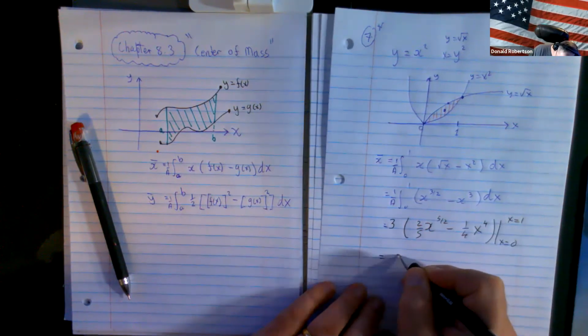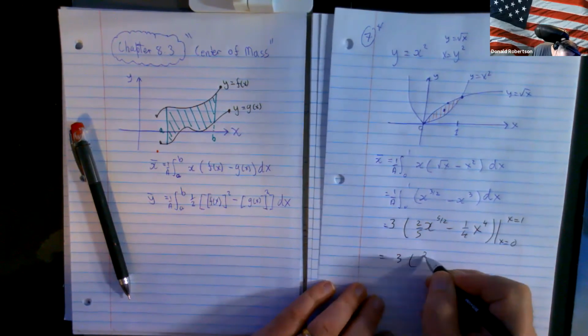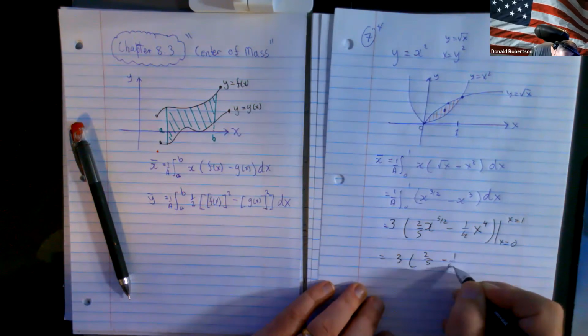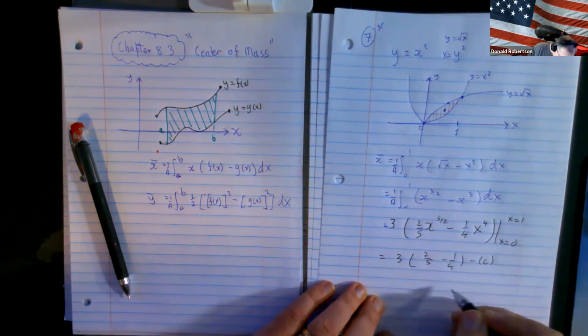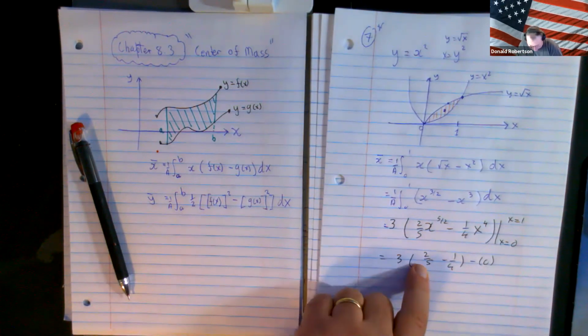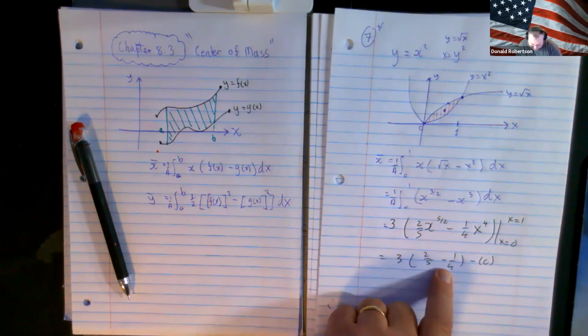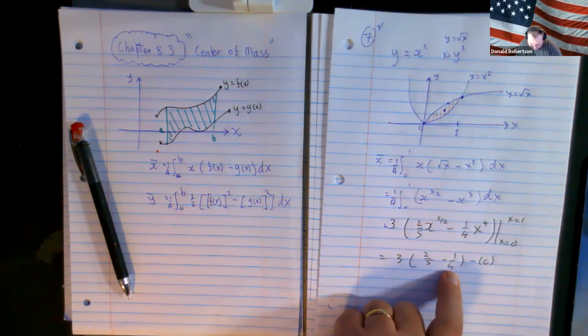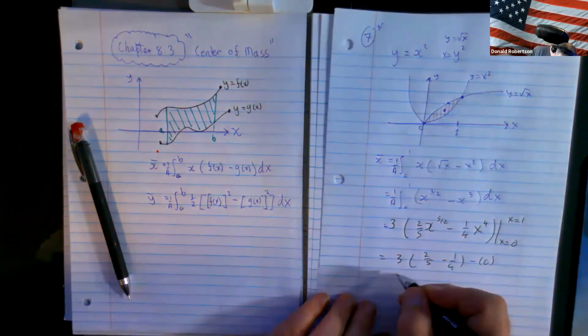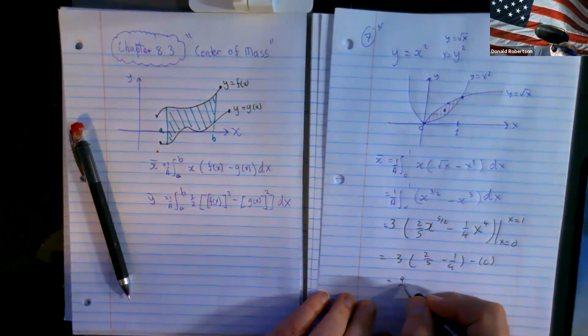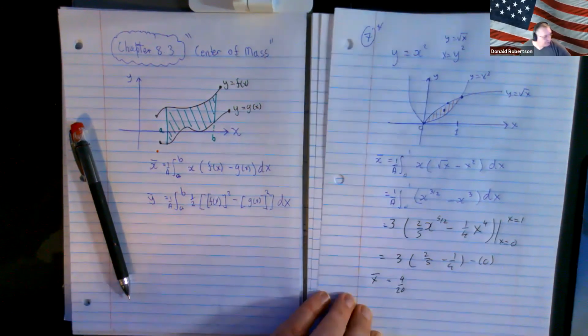And you're looking at 3 times 2/5, take away 1/4, minus nothing. That's going to be 8/20, take away 5/20. So that's 3/20, times 3, which comes out, I believe, as 9/20.